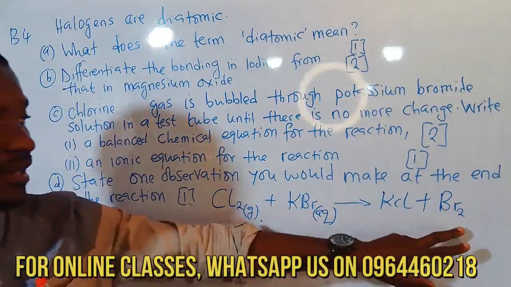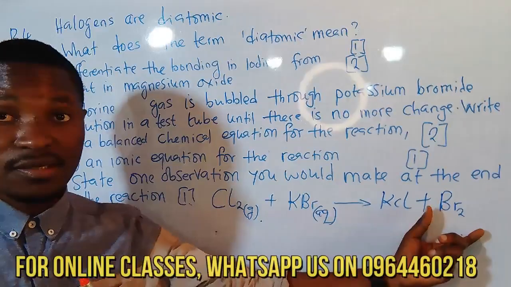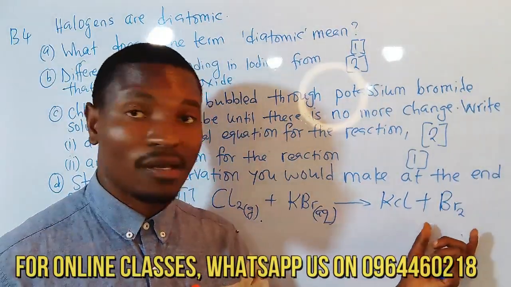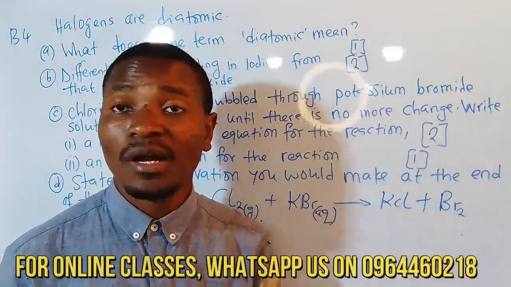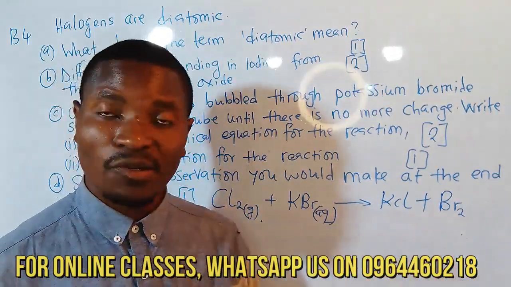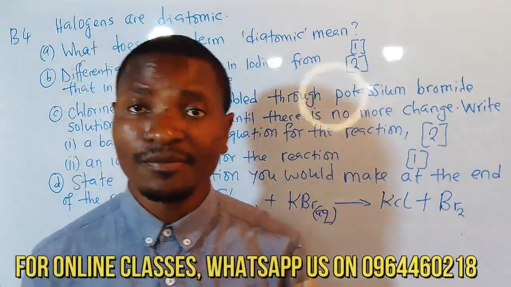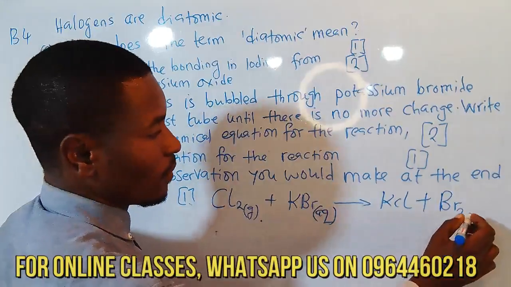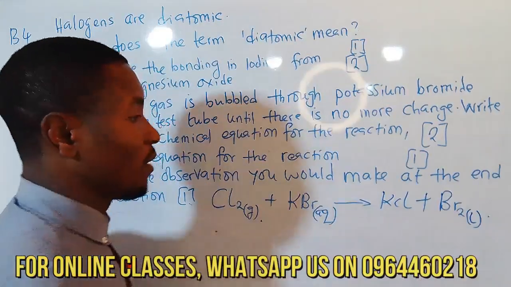We have to be careful that the bromine is either in gaseous form or even in liquid form, depending on how we assume it to be. Normally we can put it as liquid.